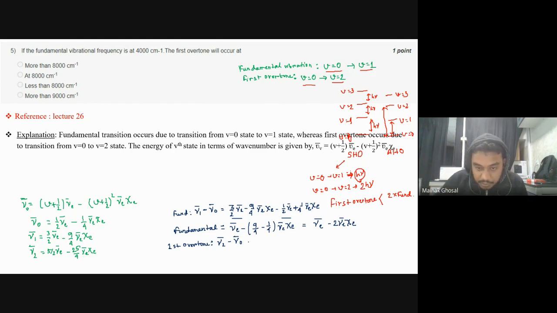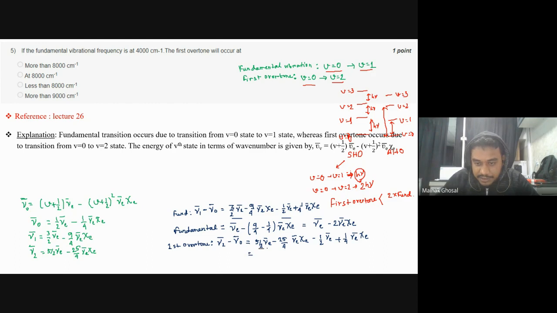So nu 2 bar minus nu 0 bar will be, just putting in the values, 5 by 2 nu e bar minus 25 by 4 nu e bar chi e. Again for nu 0, when I put in this value, minus half nu e bar, and this minus and minus again will become plus 1 by 4 nu e bar chi e.